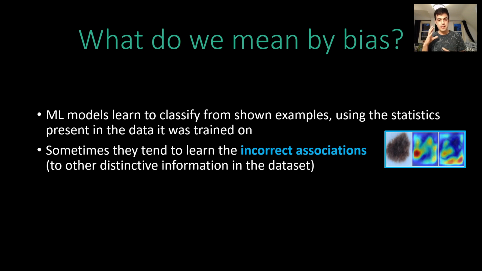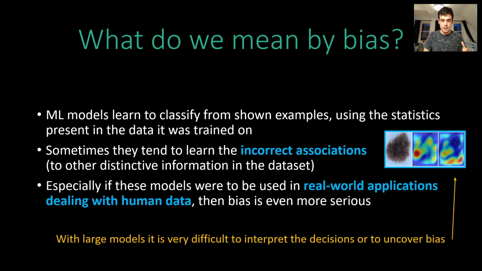And so this is a little bit iffy in cases where these models get deployed in real-world applications, especially when dealing with human data. There, the bias can be even more serious. And it's even more complicated if we are dealing with faces or datasets containing information about individuals, not just samples of something.